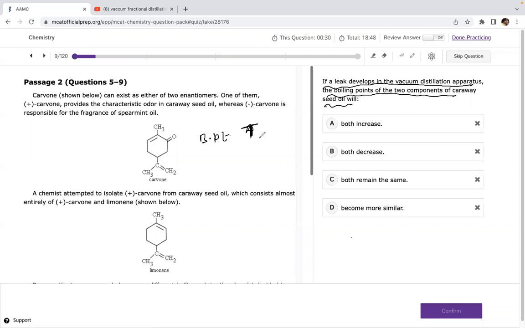So what is boiling point? The boiling point is the temperature at which the surface pressure is equal to atmospheric pressure. So if you have a leak, then the surface pressure increases, and if the surface pressure increases, it means the boiling point also increases. So I think both increase. Okay, the boiling point increases.